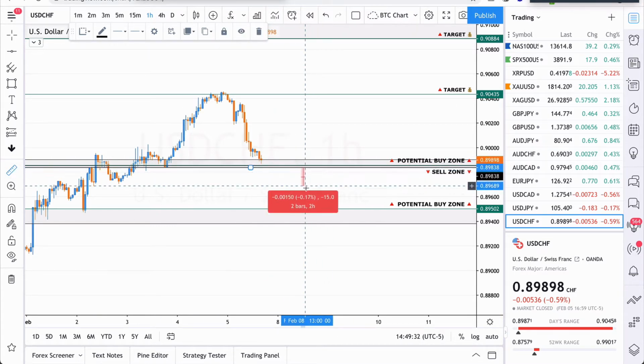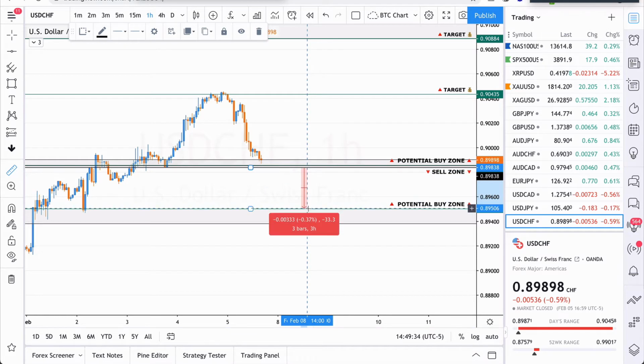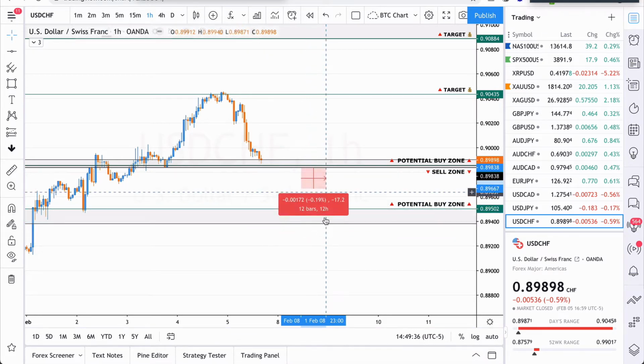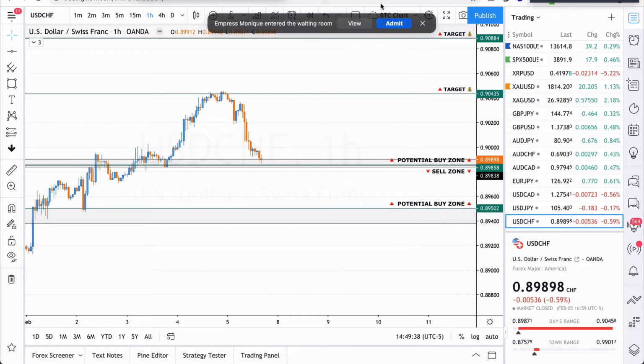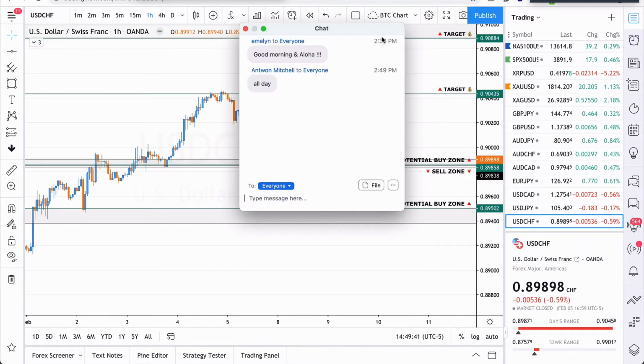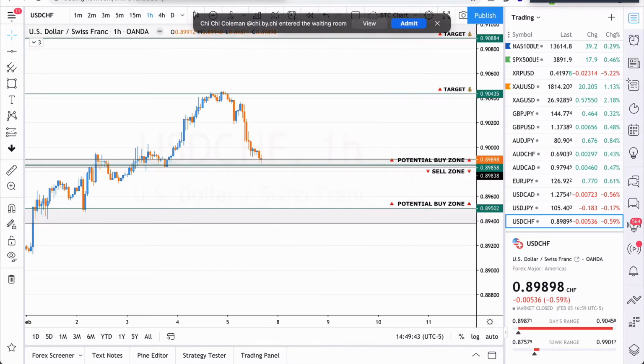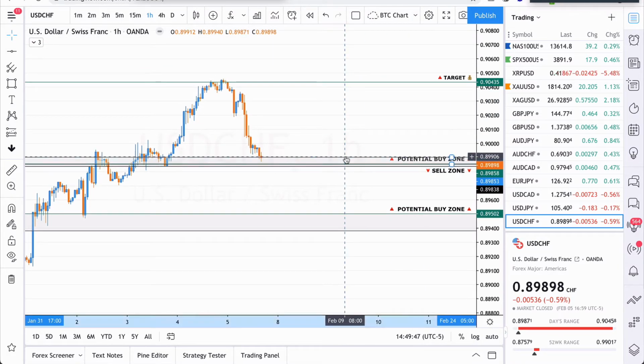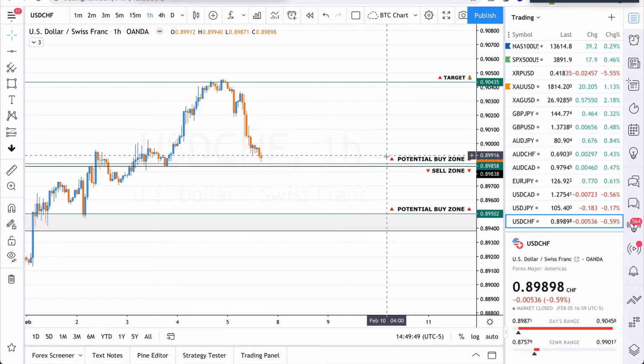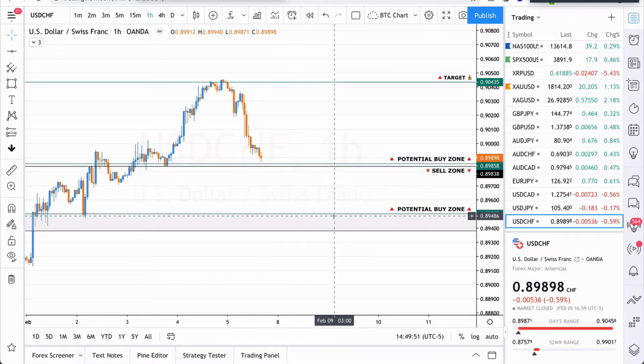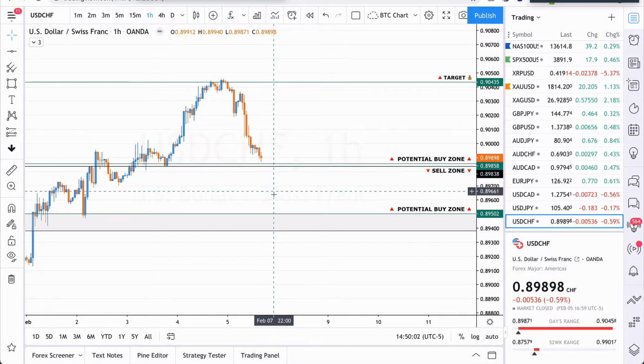See if that makes sense. Yep, good. All right, so this is what we're looking for again. So let me remove some noise so we can clean these charts up. If it rejects around the 89836 area, buy it back up. If it continues down, as soon as it breaks out, you can sell it.